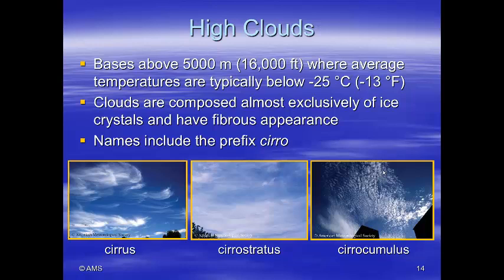These clouds are composed almost exclusively of ice crystals, so they have a fibrous appearance. And the names include the prefix cirro. So we have cirrus clouds that just look like wispy high altitude clouds, cirrostratus, and cirrocumulus.